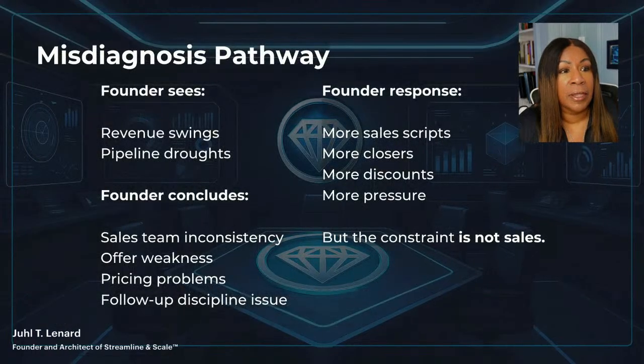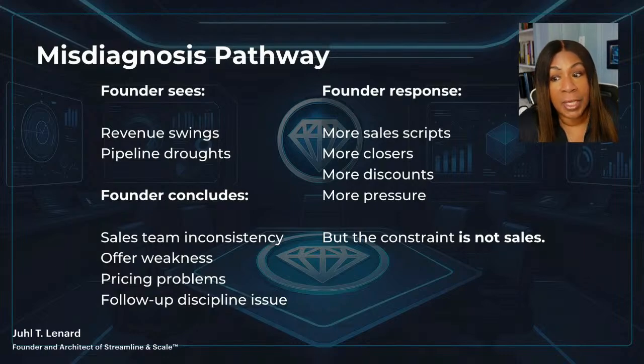Now, the misdiagnosis pathway. On the left-hand side, we look at what the founder sees and what the founder concludes. And on the right side of this slide, we're looking at what the typical response would be based on the misdiagnosis. So the founder sees the revenue swings and the pipeline droughts and concludes that the sales team is inconsistent, the offer's weak, the follow-up is not good, there's some issue with the price.